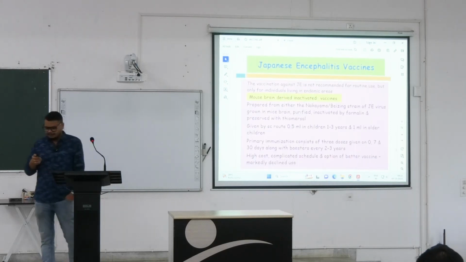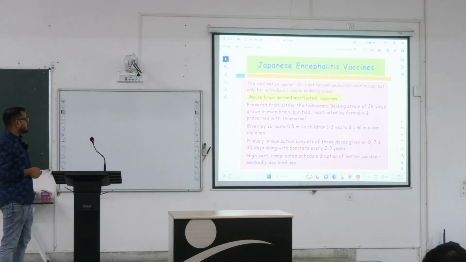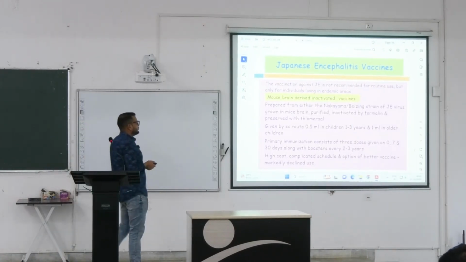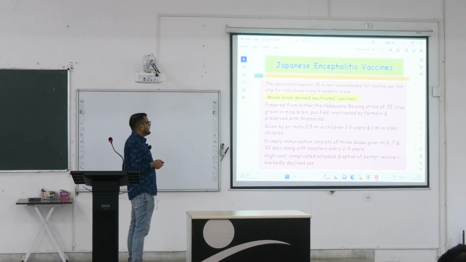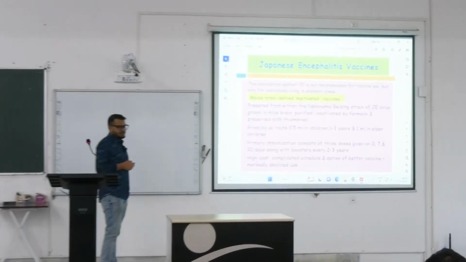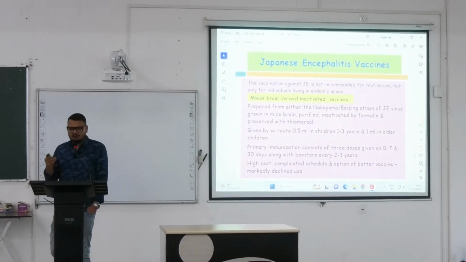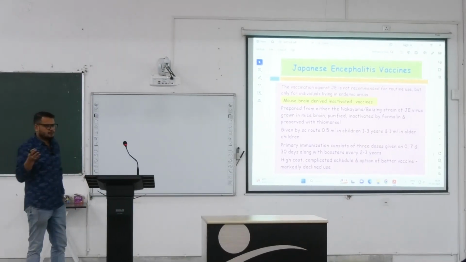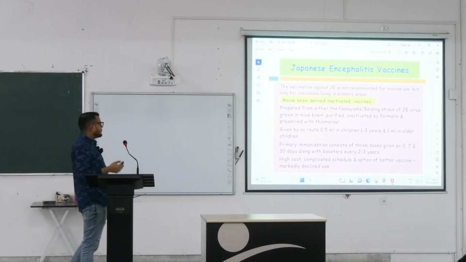Japanese encephalitis vaccine. Vaccination against Japanese encephalitis is not recommended for routine use, but only for individuals living in endemic areas, or travelers going to an endemic area.